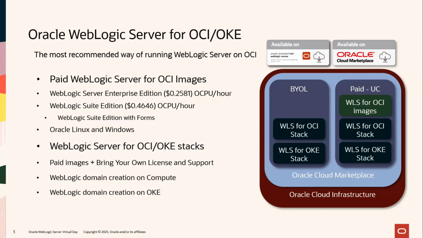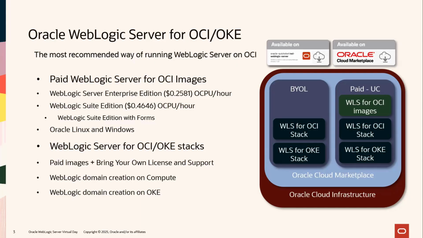If you choose the BYOL offerings, you will be provisioning on regular OCI platform images. If you choose the paid with universal credits, WebLogic Server for OCI UCM stacks, then you will be using WebLogic Server for OCI images that give you this flexibility of using WebLogic and pay per OCPU per hour.